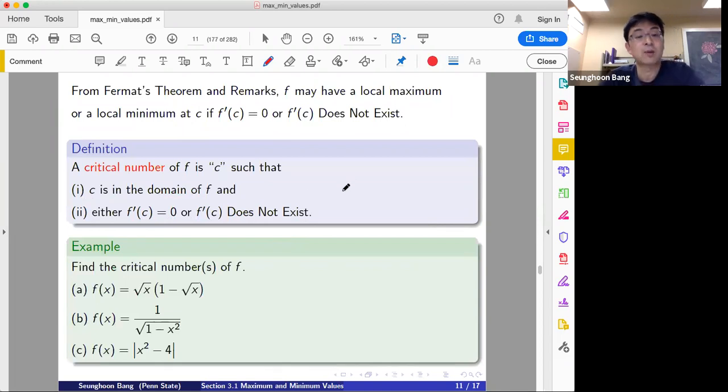Here we have three problems. Find the critical numbers of f. f of x equals square root of x times 1 minus the square root of x. f of x equals 1 over the square root of 1 minus x squared. f of x equals the absolute value of x squared minus 4. So we have these kinds of things.